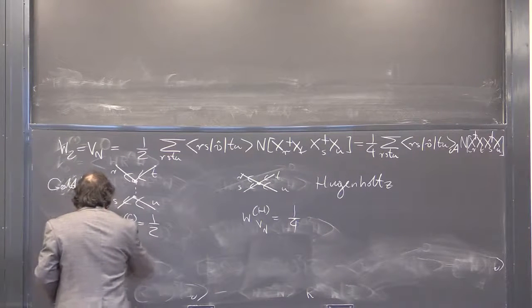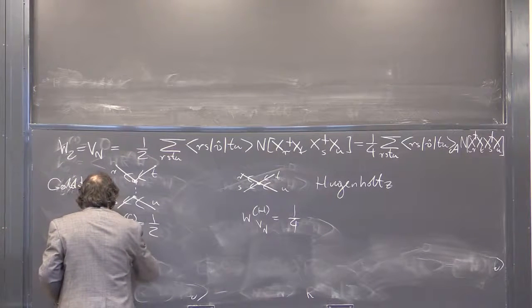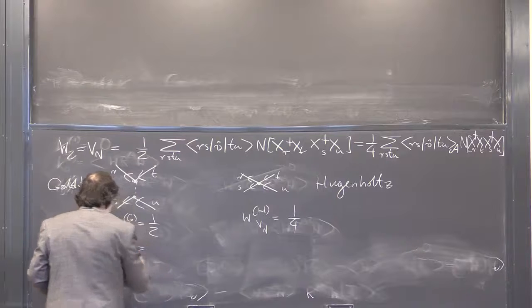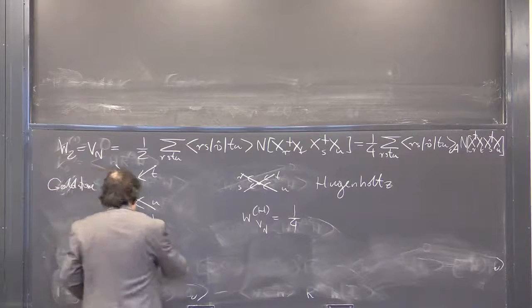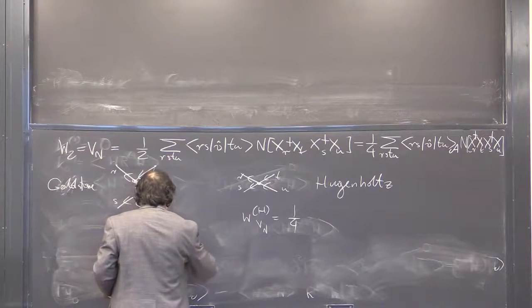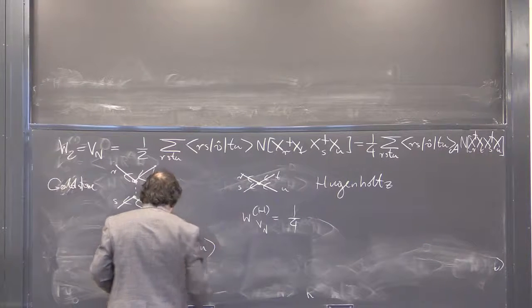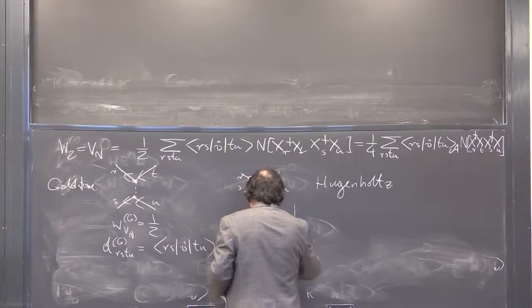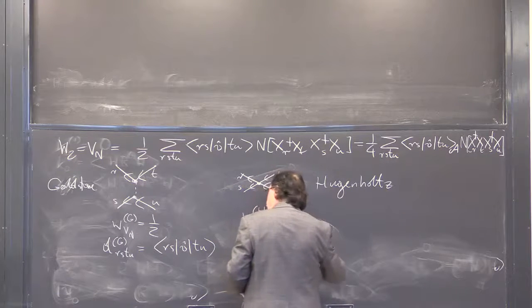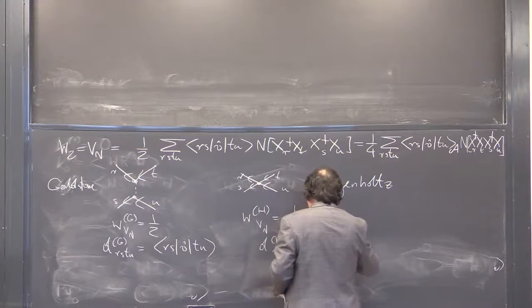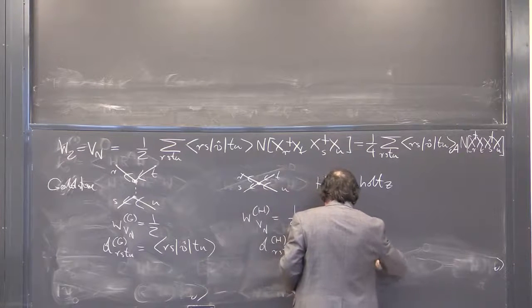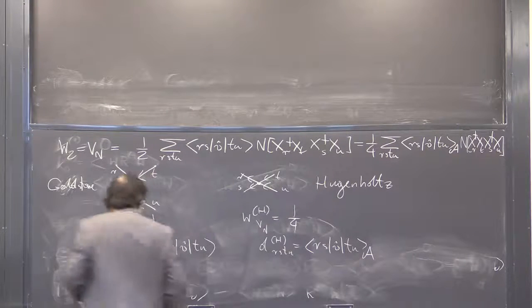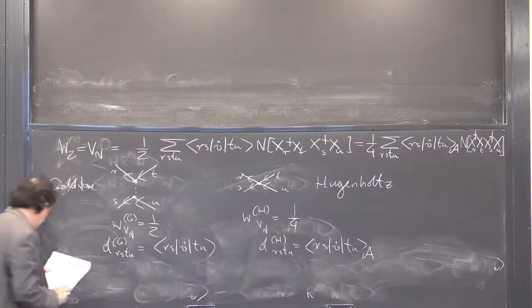The scalar in the Goldstone case, labeled by RSTU, is the non-symmetric matrix element. In the Hugenholtz case, you have an anti-symmetrized form of the same matrix element, with a script A symbol.